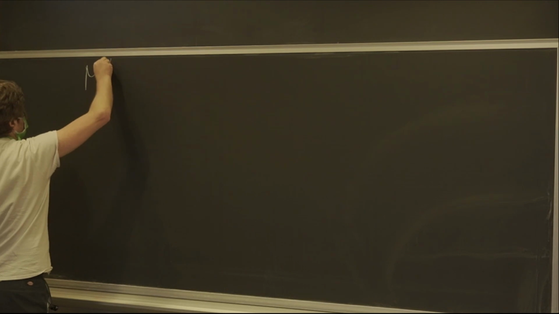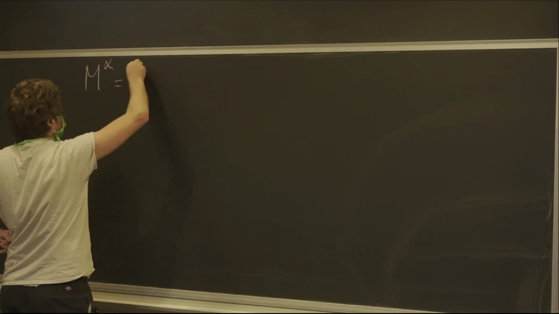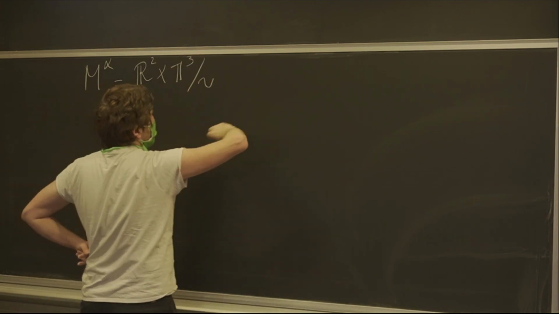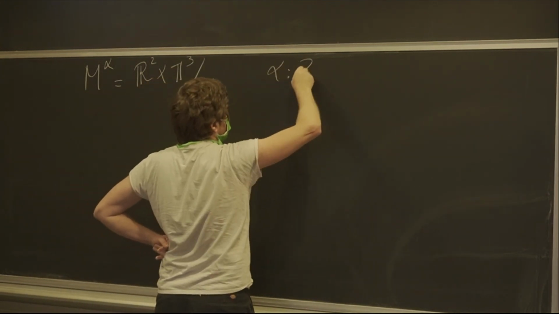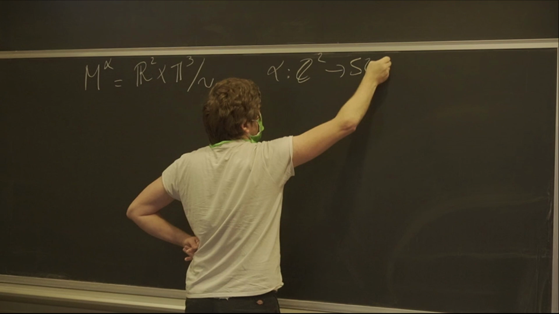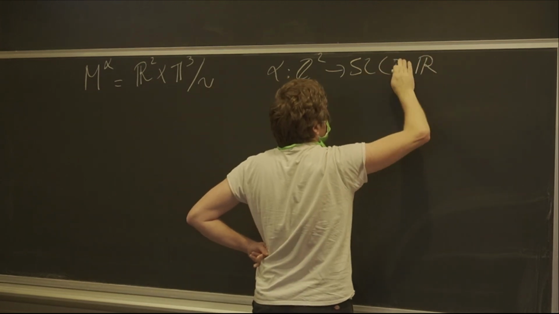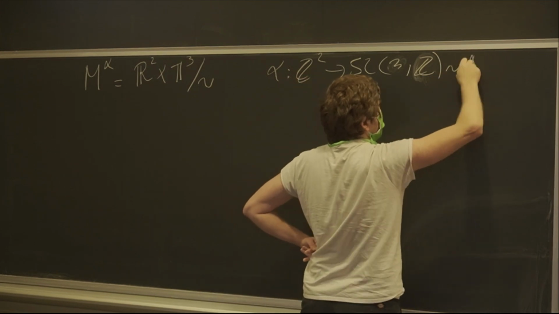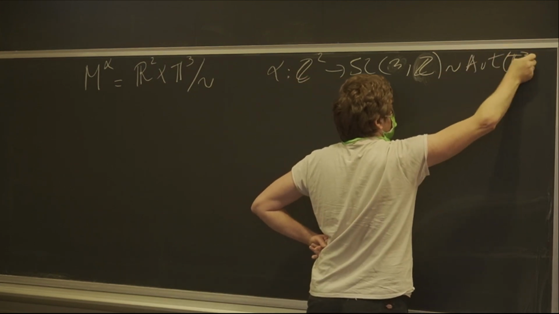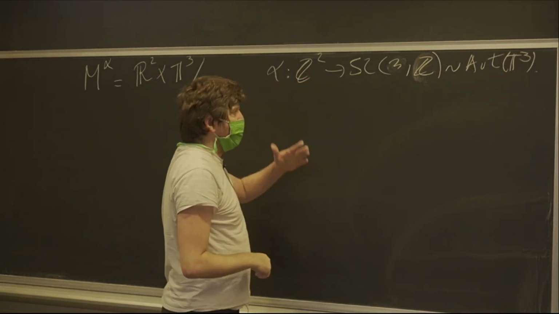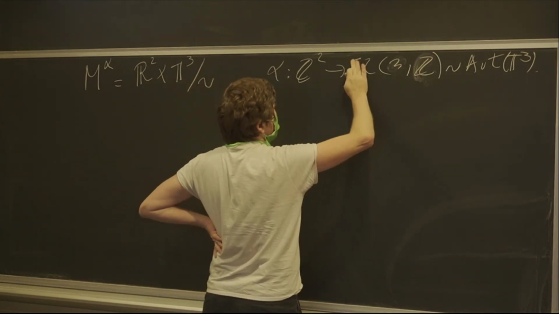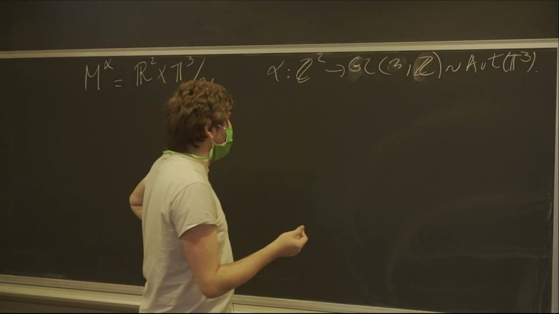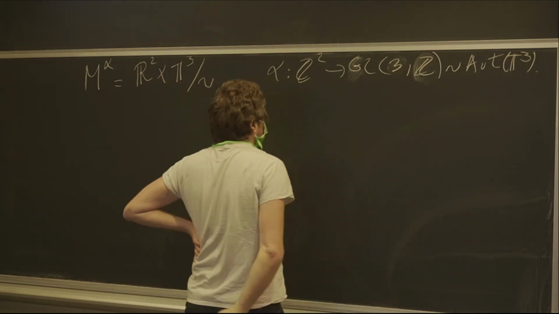So we have M alpha, which is R squared times the torus T3, quotient by the relation. Alpha is an action from Z squared into the automorphisms of T3. Actually, if I want all the automorphisms, I should put a GL here, really just determinant plus or minus 1 instead of determinant plus 1. It's not so important.